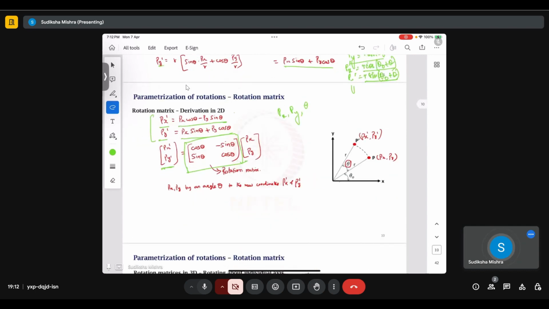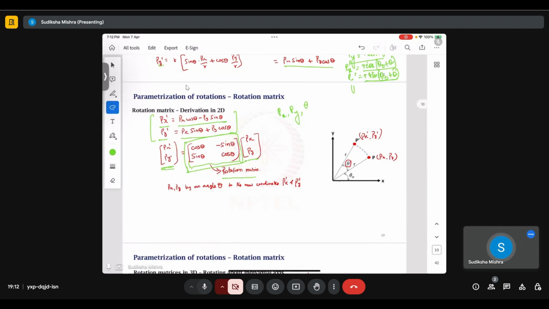This particular thing can be represented in the form of a matrix, wherein Px dash and Py dash are the final coordinates and Px and Py are the initial coordinates. The rest can be represented as a matrix, which is known as a rotation matrix.